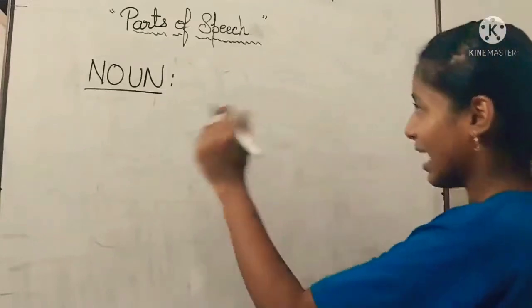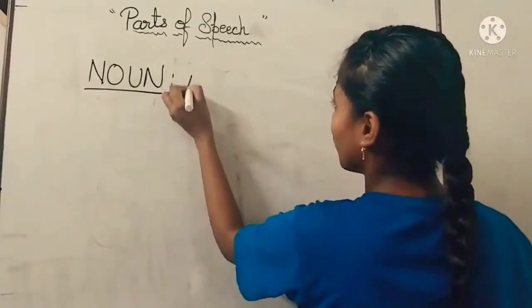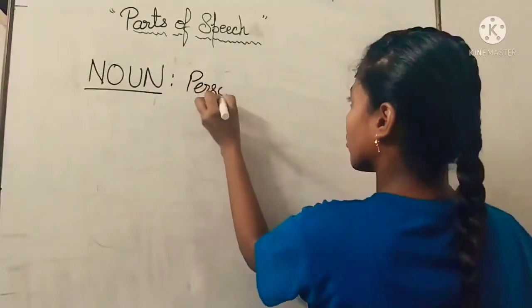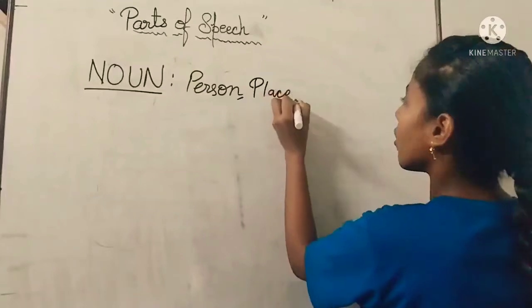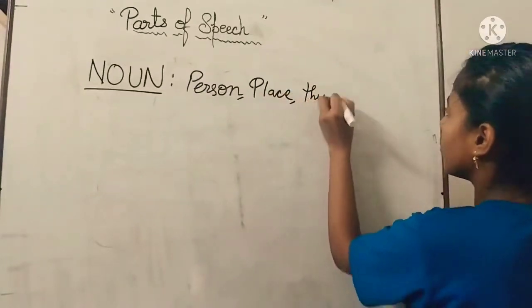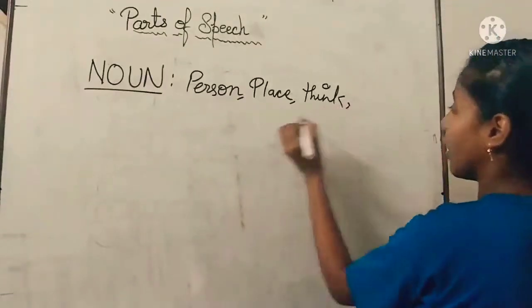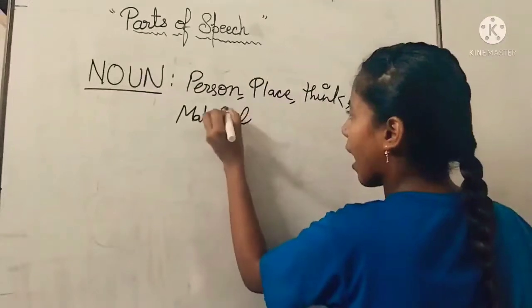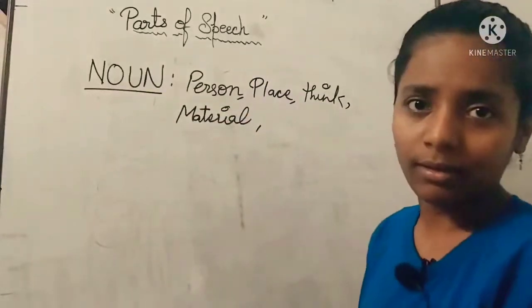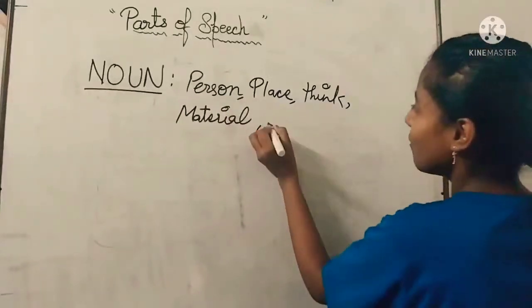You know that a noun is the name of any person or place or thing. But you forget to write two basic things that also come here: a material and a feeling. And feeling of what? Abstract noun. You know about that now?